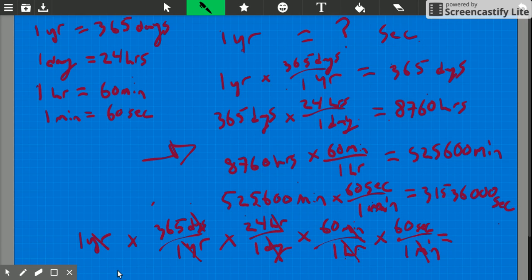If we were to multiply these five numbers out, we would end up with the exact same number that we had before: 31,536,000 seconds.